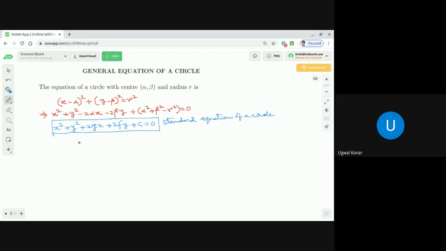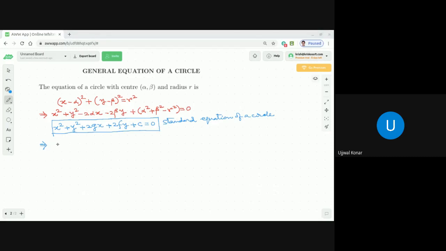So from here also, what we can say is that, from this standard equation, if we simplify, if we look into it further, x square plus y square plus 2gx plus 2fy plus c.